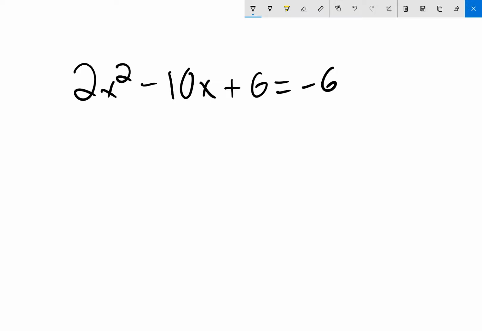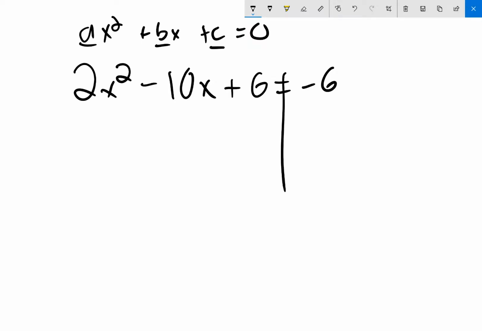Now, the issue is you can't really do anything until the quadratic is set equal to 0. You have to make sure it's ax squared plus bx plus c equal to 0. Otherwise, you don't really know what a, b, and c are until you have it equal to 0. So I changed it up a little bit. So let's say I have this problem to start with. First and foremost, I need to make sure I have ax squared plus bx plus c equal to 0.